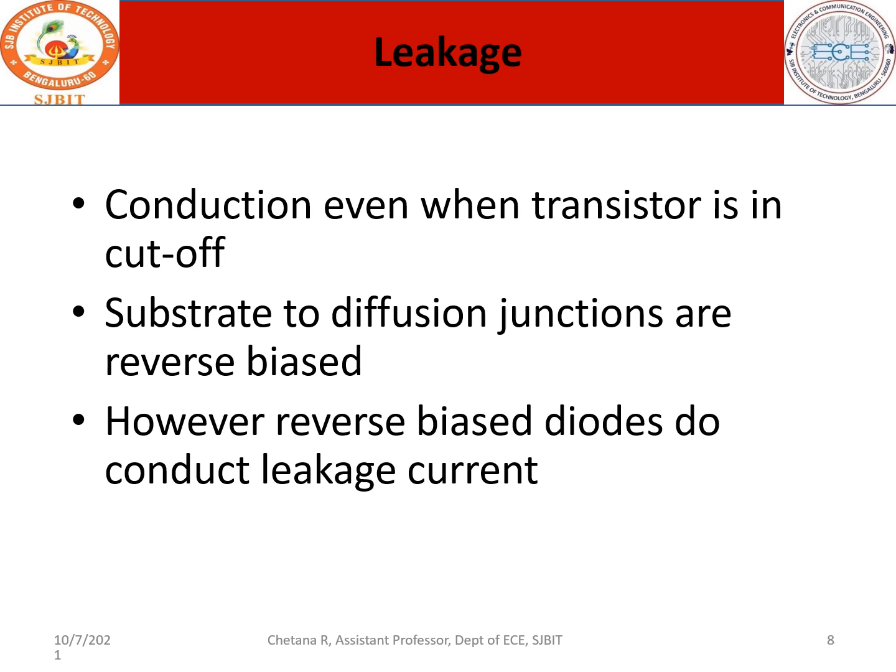This is called substrate to diffusion junctions being reverse biased. The junction is formed by the scanty minority charge carriers, and you can see transistor effects and diode effects. Diode and transistor effects are merely switches, and they try to conduct, so in the substrate there is a current flow.